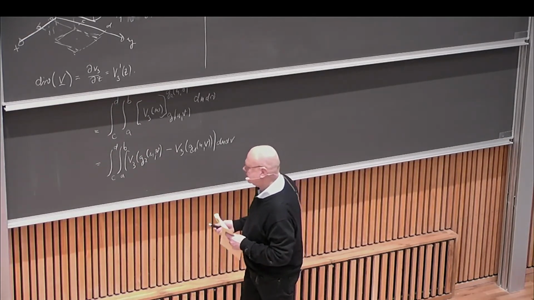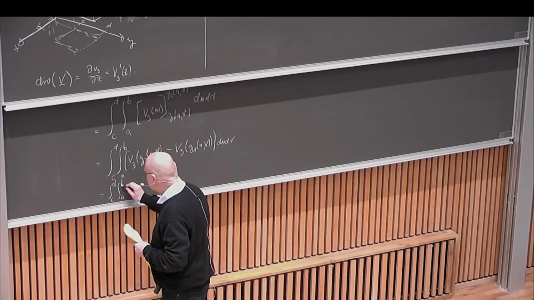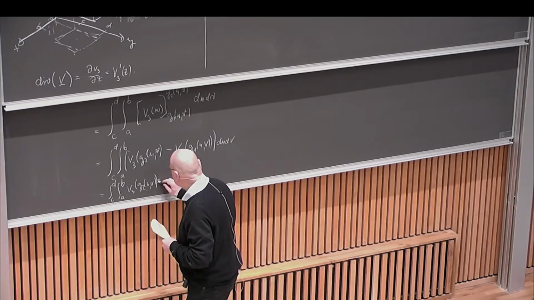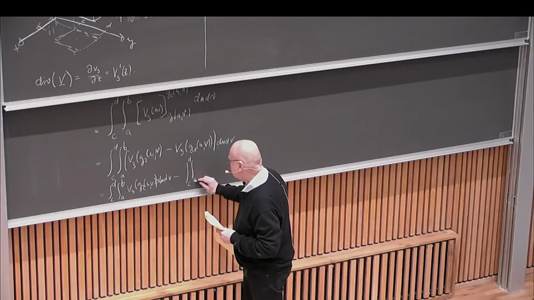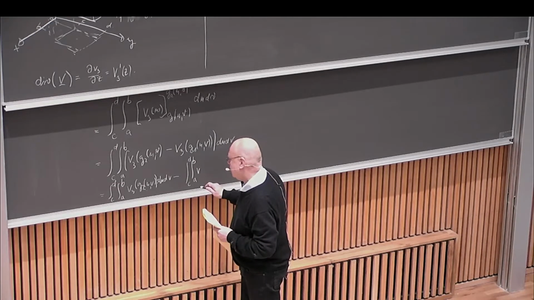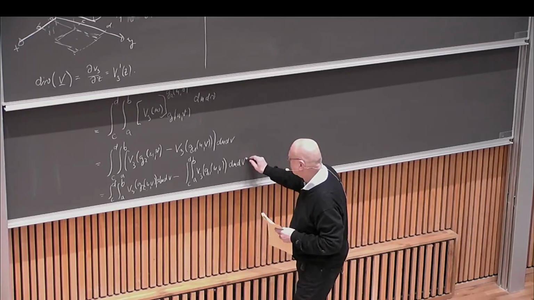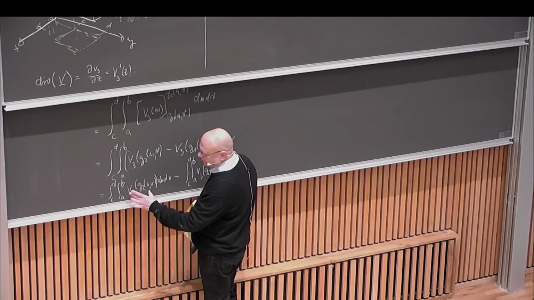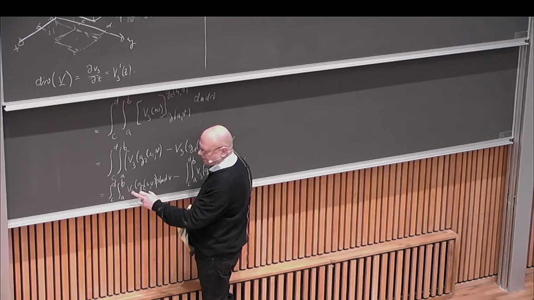So now I can split these integrals into two. I do this C D A B and V3 of G2 of U comma V du dv, and then minus this integral here C D A B, and then I get V3 of G1 of U comma V. What I'm going to tell you now is that this is actually the flux integral of this vector field out of the upper surface.